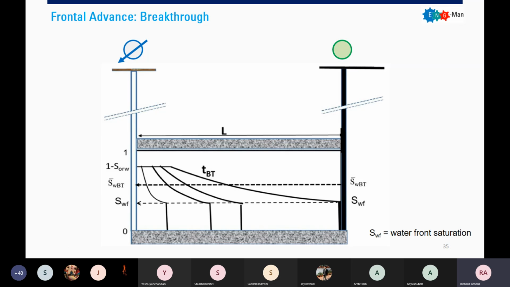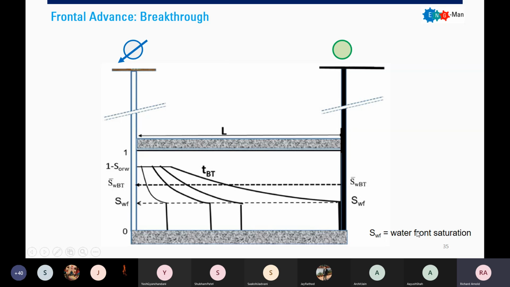Okay, first we need to do, after fractional flow analysis, we need to continue with frontal advance analysis. At water breakthrough time, you will have this saturation profile. Okay, at a time of our water breakthrough, the front will have saturation of SWF, water front saturation.